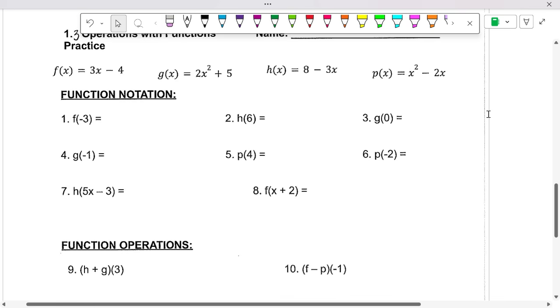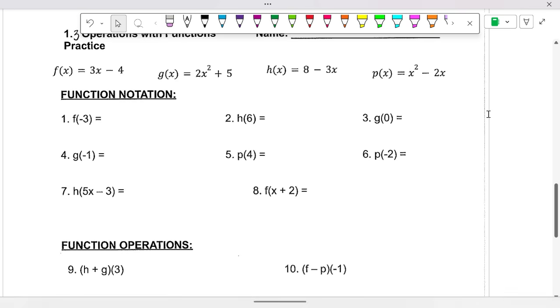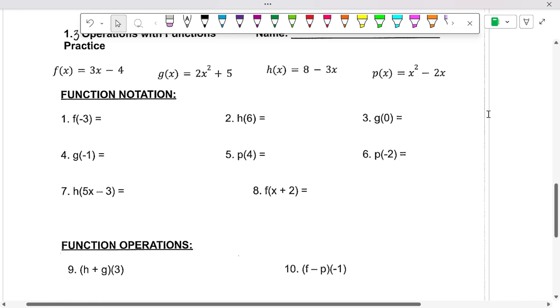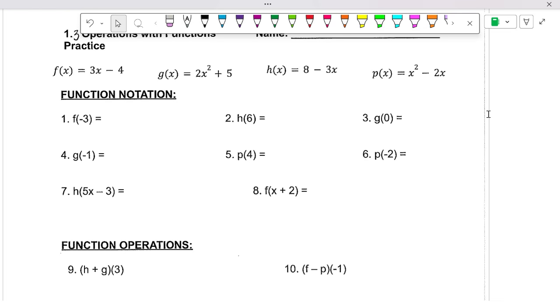Oh, one last thing before I leave you on your own. Look at number 7 on your homework page. I want h of f of 5x minus 3. I want to show you how to take care of that. Okay? It's pretty much the same thing as plugging in a number. You're just plugging in an expression instead. So, we're using h of x, which is up here.